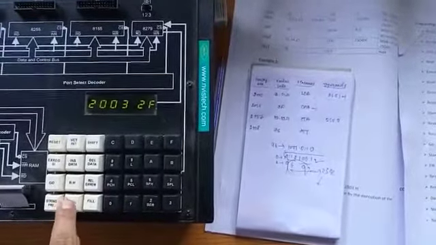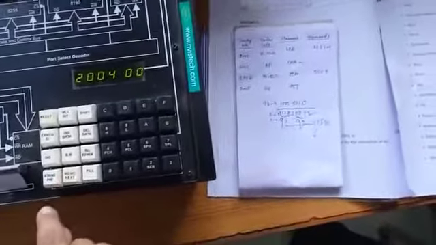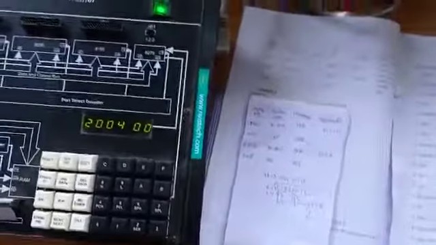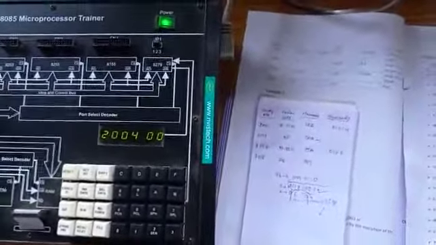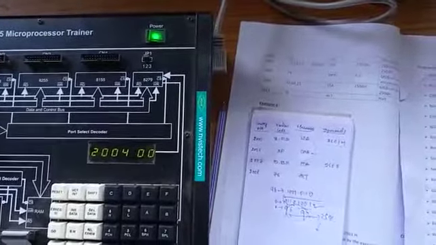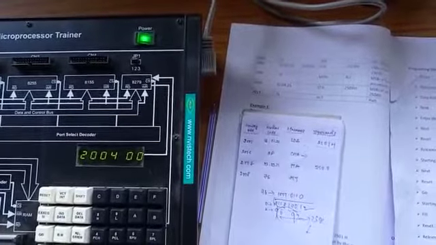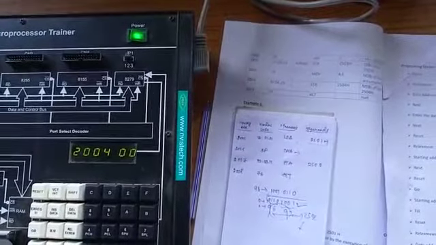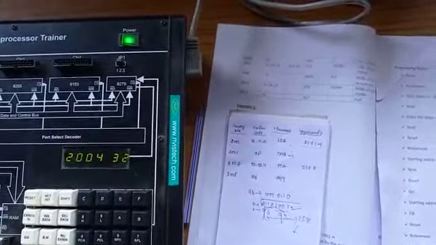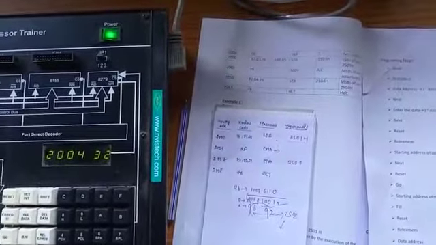Next store the complement result in the memory location 2502. So in 2004 store the machine code of STA instruction. So 32 is the machine code of STA instruction.